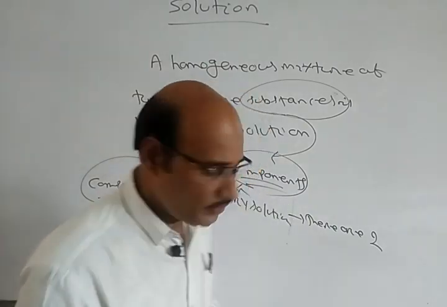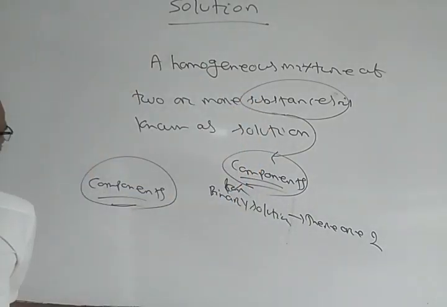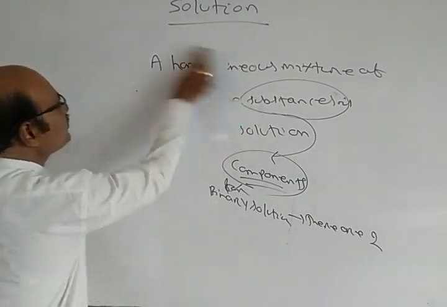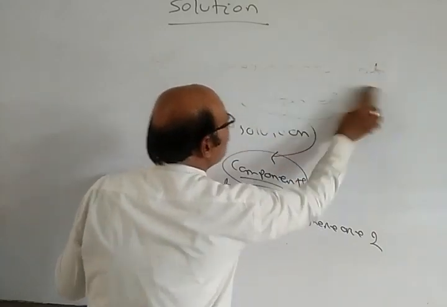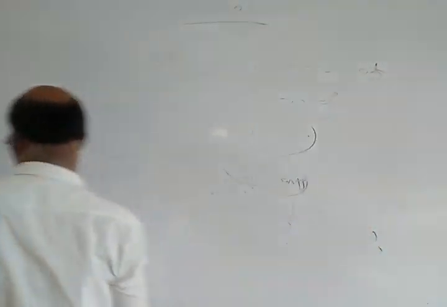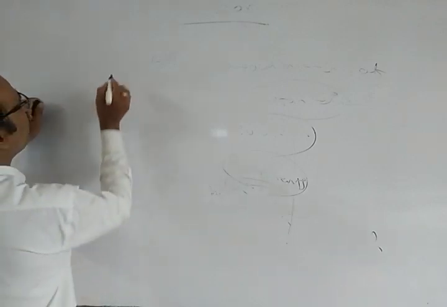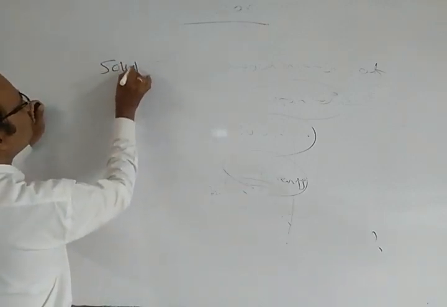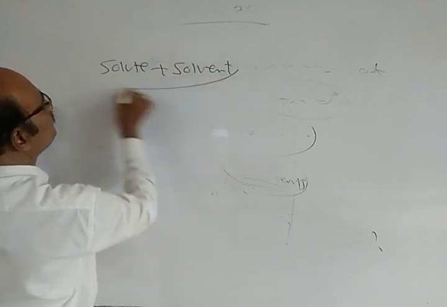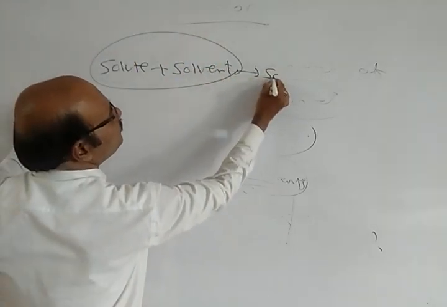So we have solute and solvent. Now we can say a solution is a homogeneous mixture of solute and solvent. Solute plus solvent is equal to solution.